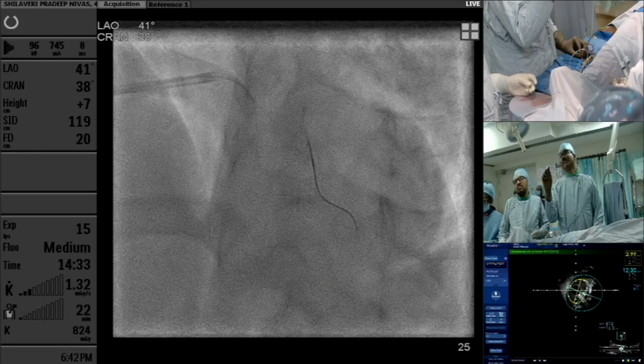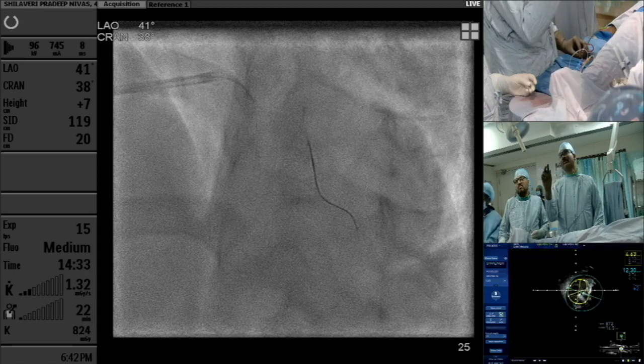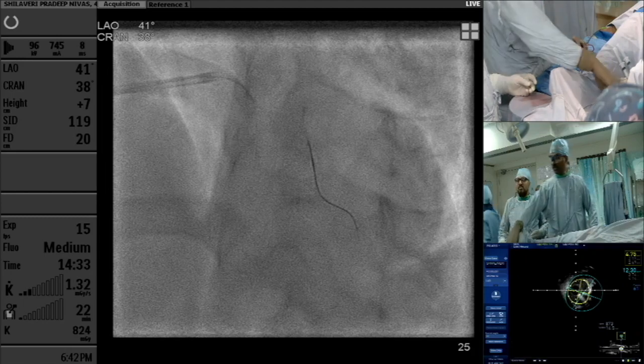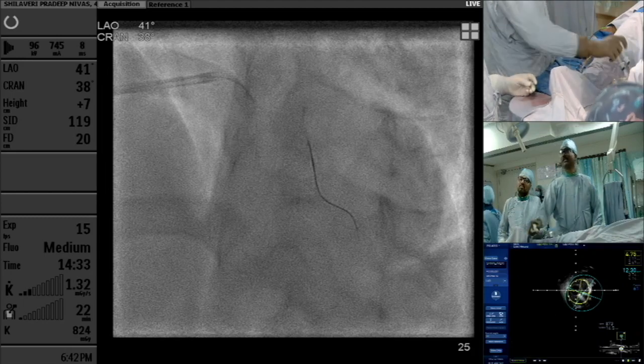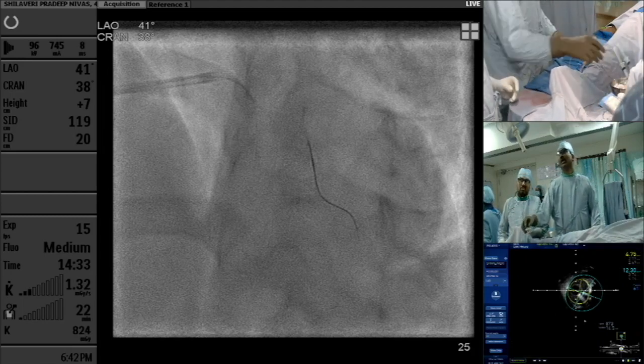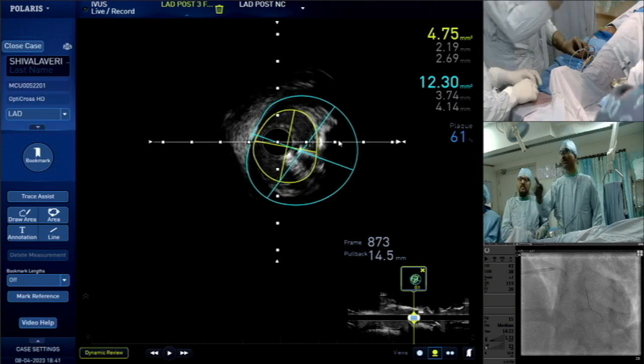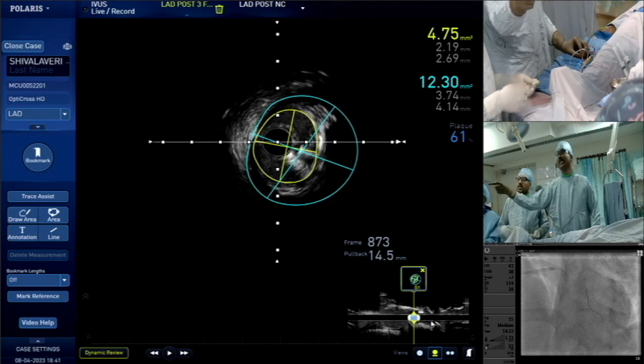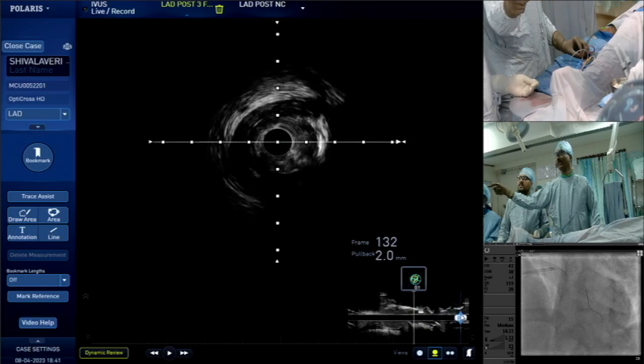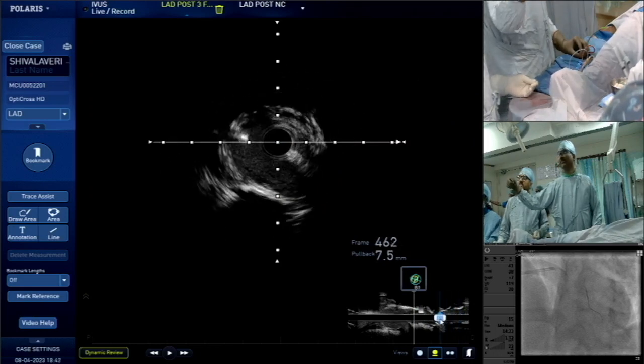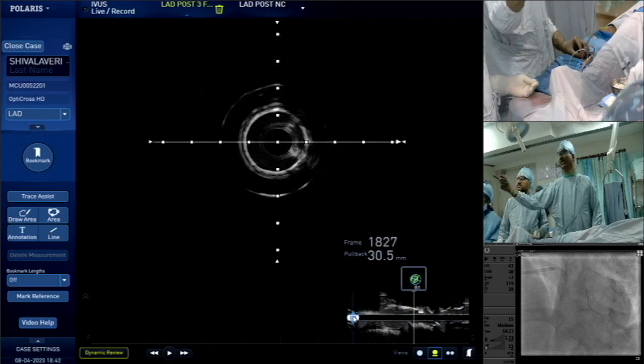Now the question comes, where you want to end your proximal stent. Is it before or after? So that depends on your relative size of the vessel. So I'll take 3.5. So beyond diagonal, what is the size? 28 is okay. From LMCA ostium to beyond diagonal, 28 is okay.